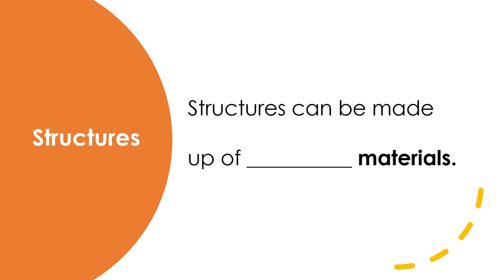Structures can be made up of different materials. So overall, structures can also be made up of different materials. For example, when we looked at the video when the beaver was building the dam, it didn't use one type of material, it used a variety of materials, a whole different set of materials.